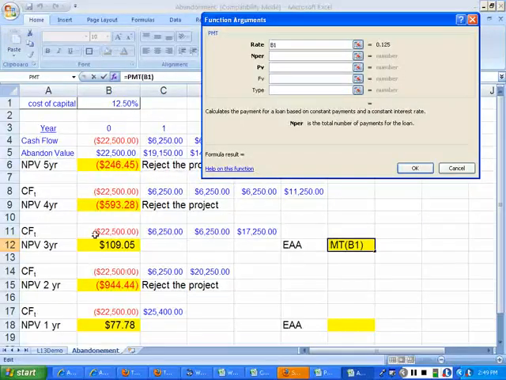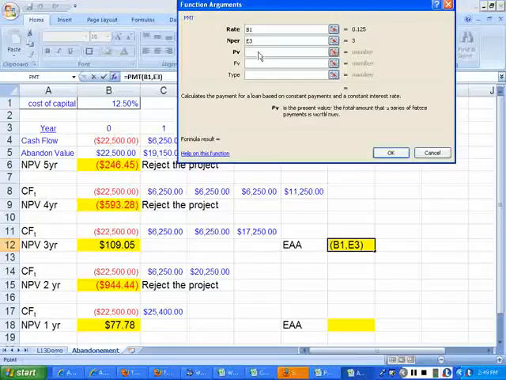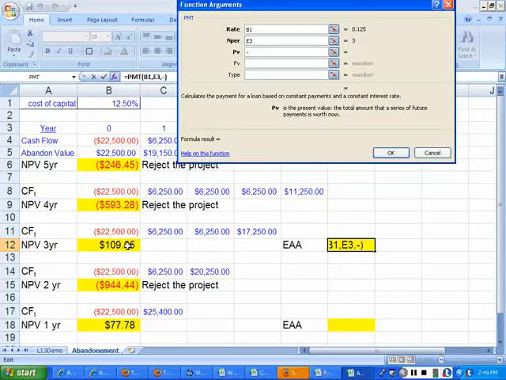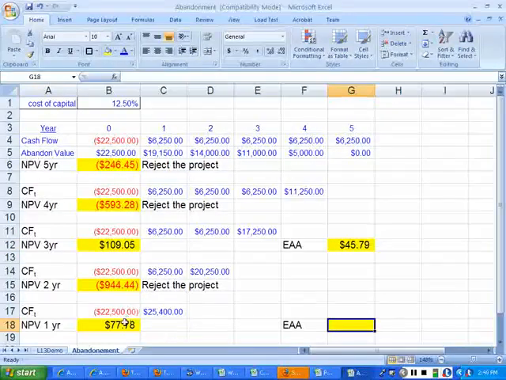Well, this first one is a 3-period project, so we're going to select the 3 periods. It wants to know what the present value is. Well, this is an outlay. We are going to spend $109.05 to buy that annuity, which is going to give us $45.79 per year as the annuity. We want to compare that to a 1-year annuity in which we spend $77.78.